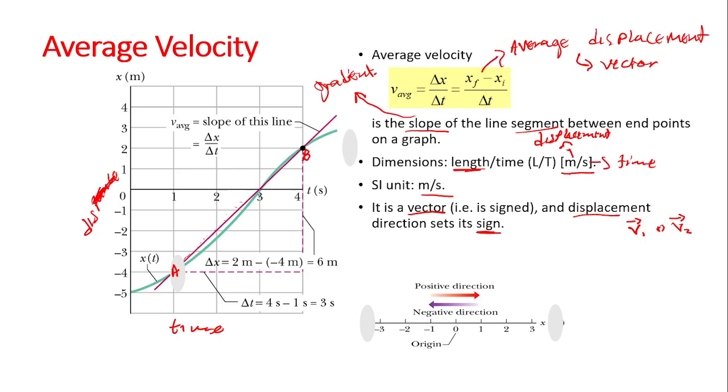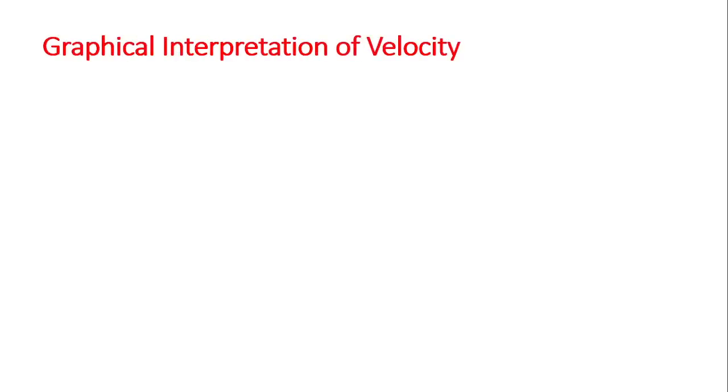Okay, everything is clear. So we can move on and look at the graphical interpretation of velocity. How can you interpret it when you are given the information on a graph?